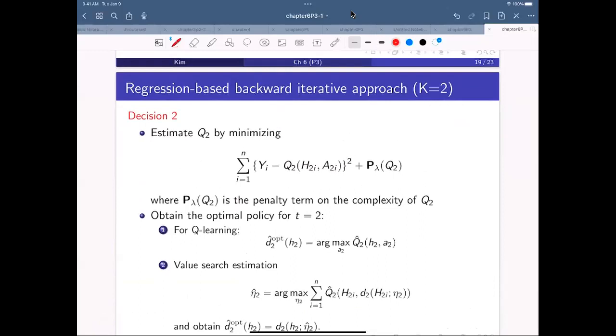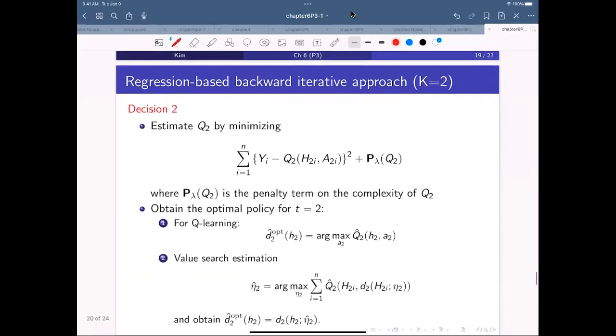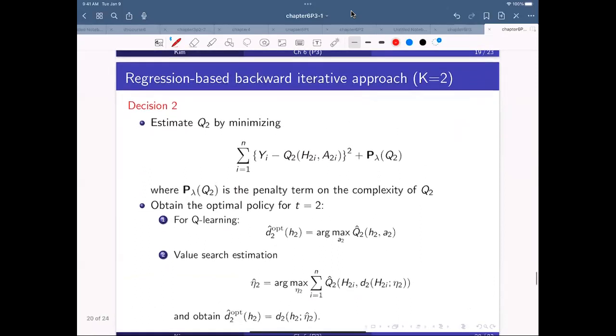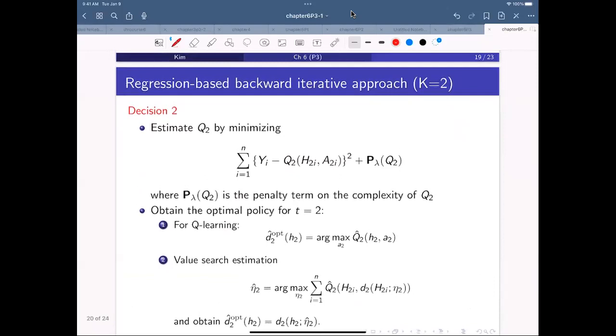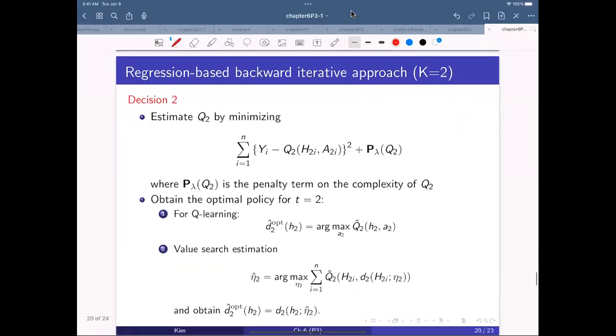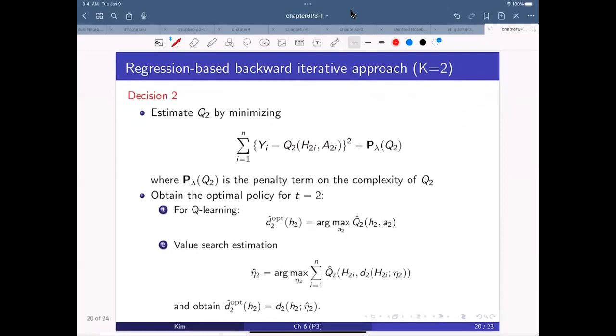Here's an example, to understand what's going on with Q learning. Suppose K equals 2, and I have data. How do you do Q learning? For K equals 2, the last step is no problem.